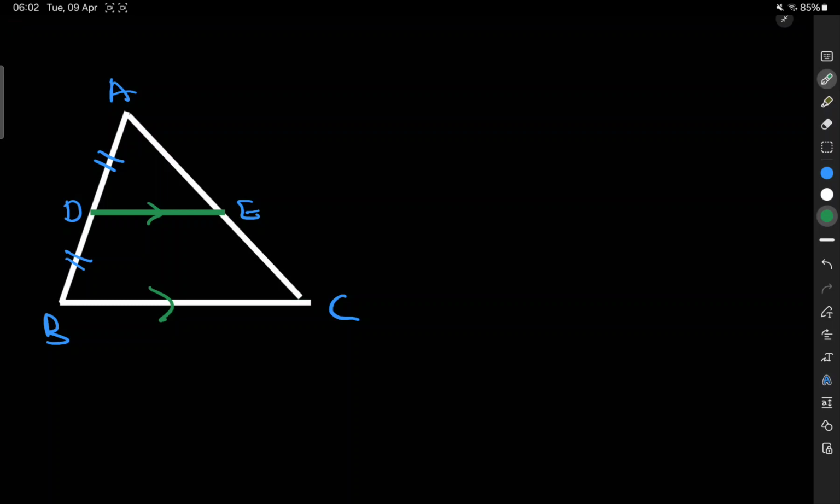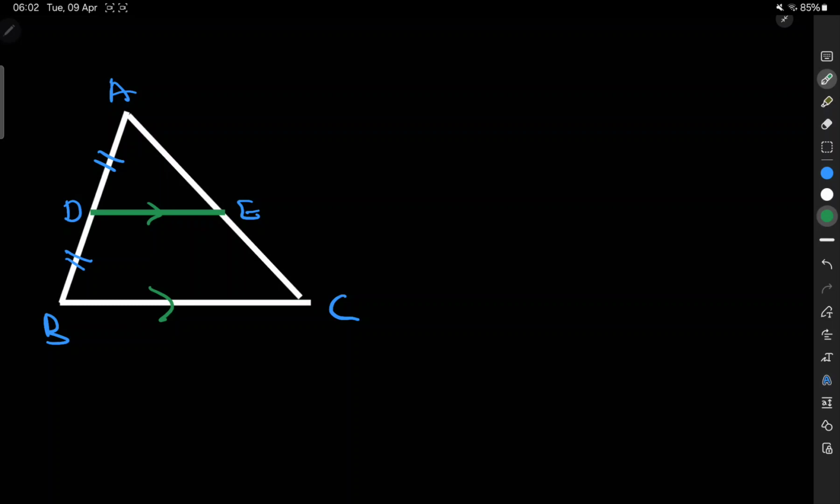Now what we're told is that we have a line DE, and we're given that that line is parallel to BC. But not only that, we're also told that it cuts AB into two equal parts, meaning that it bisects it. So D would be the midpoint of AB.